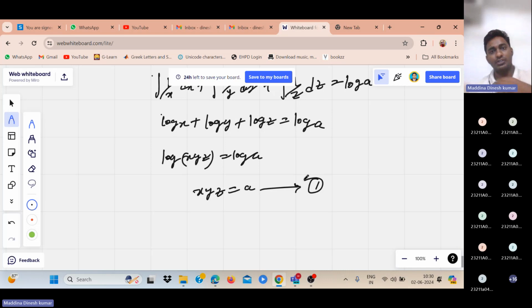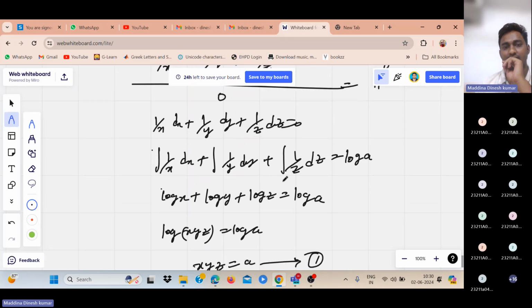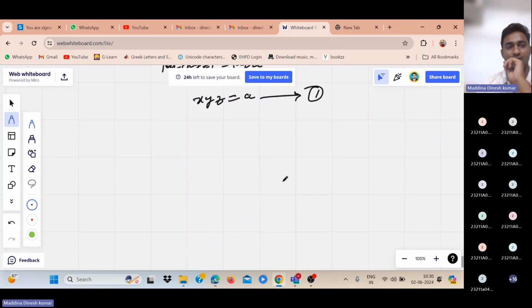Next, another solution we will find by using the set 2 constraint. Set 1 constraints are 1 by x, 1 by y, 1 by z. Next, set 2 constraint multipliers we will choose as 1 comma 1 comma 1.